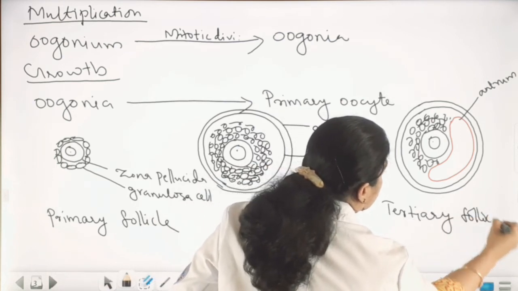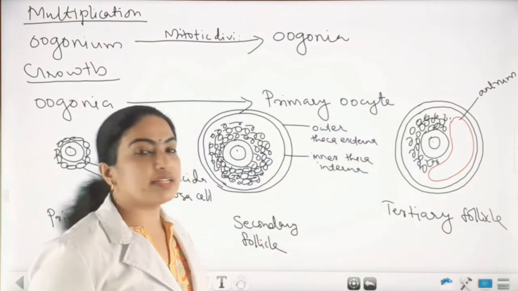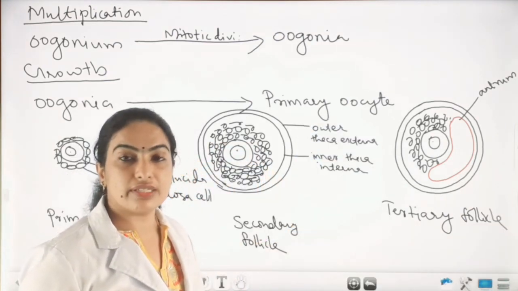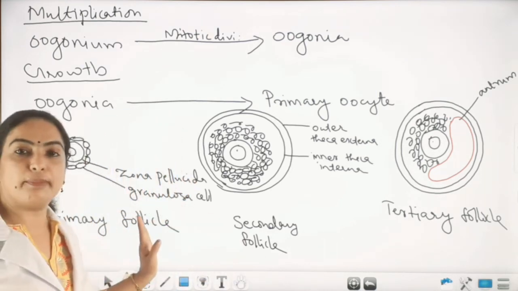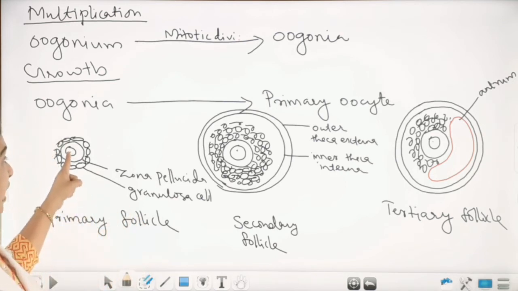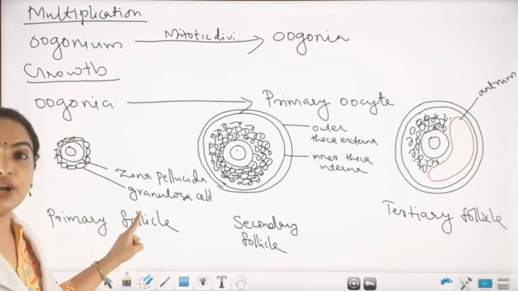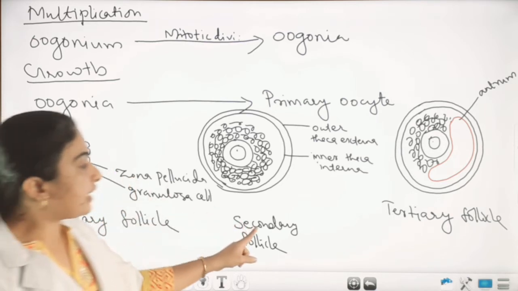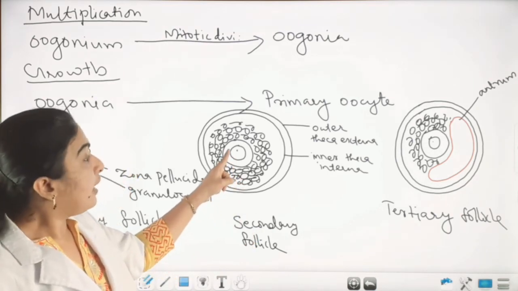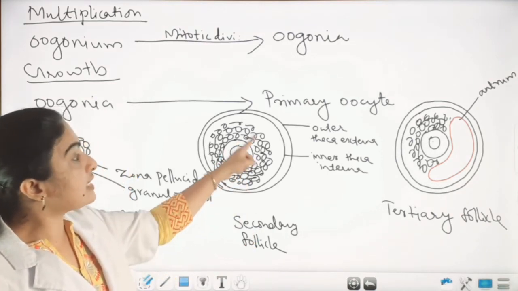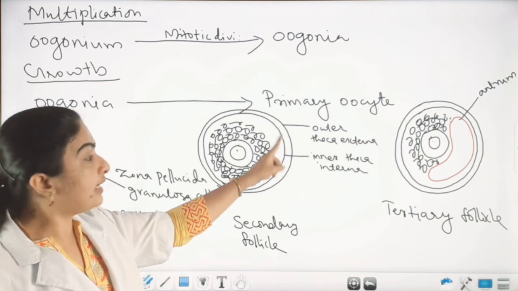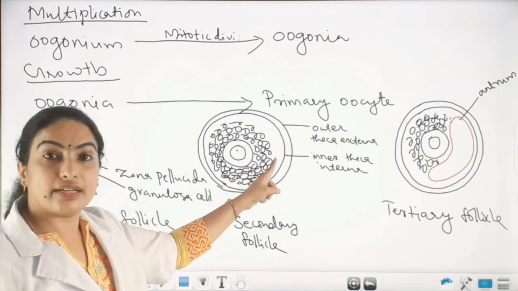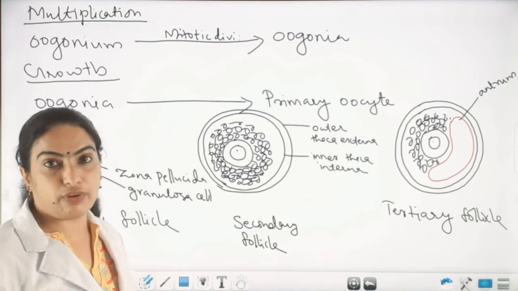Tertiary follicle. So the tertiary follicle is characterized by the presence of a fluid filled cavity called antrum. Is it clear? So what are the characteristic features of the primary follicle? The primary follicle consists of a primary oocyte with zona pellucida and a single layer of granulosa cells. But the secondary follicle consists of a primary oocyte, zona pellucida, several layers of granulosa cells, and two theca layers, that is the outer theca externa and inner theca interna, and that is a secondary follicle.